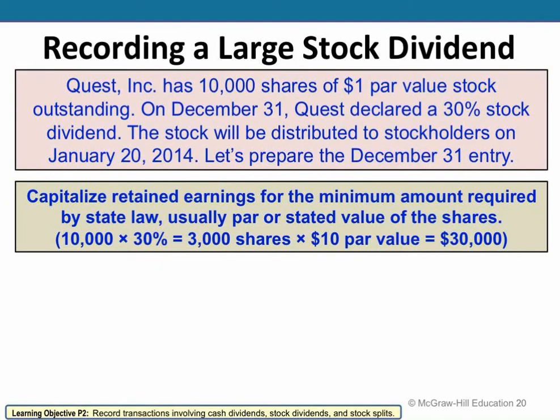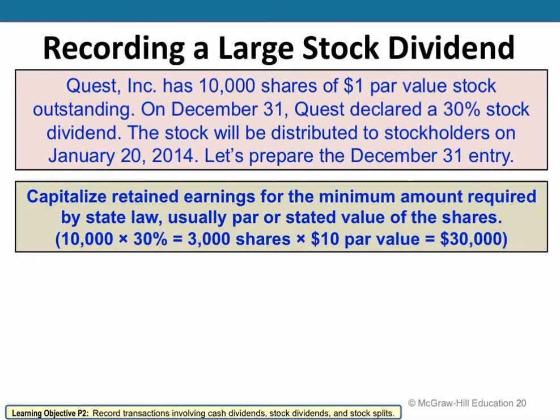Now for a large stock dividend, let's take a look at that. Here we have our company with 10,000 shares, $1 par value stock. We're going to declare a 30% stock dividend, which is greater than 25%, so we're in a large stock dividend. The stock is going to be distributed to shareholders on January 20th. Here we capitalize retained earnings for the minimum amount required by state law, and usually that's the par value or stated value, depending on what the statute says.